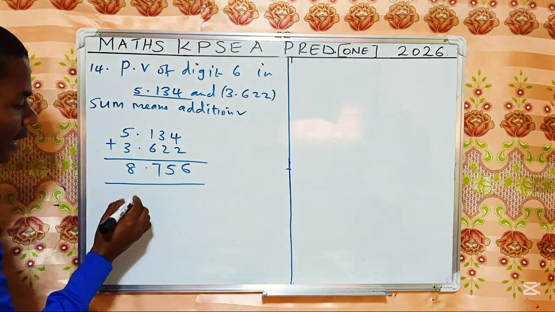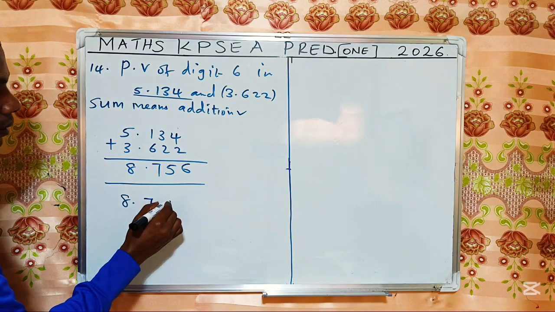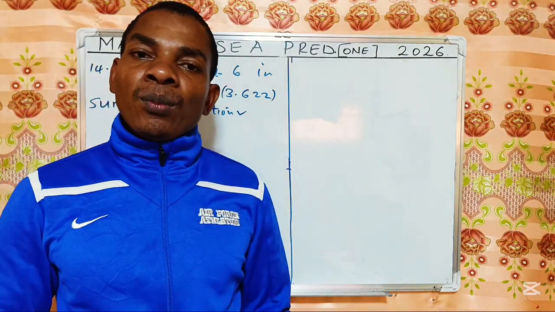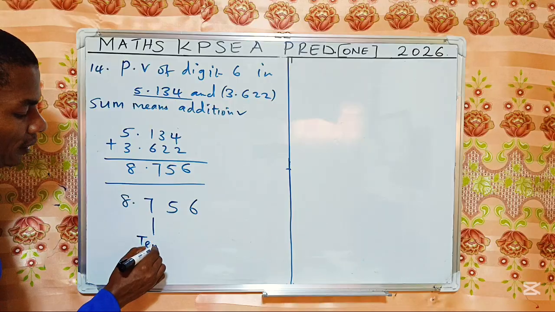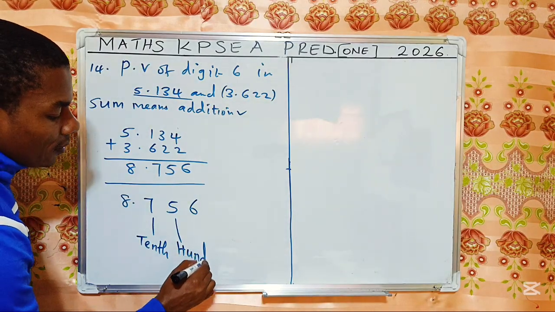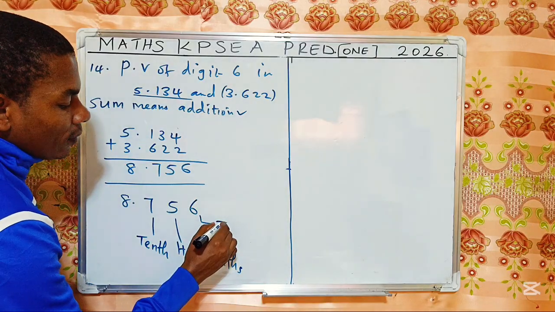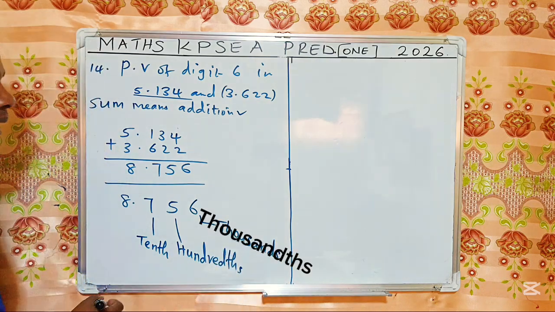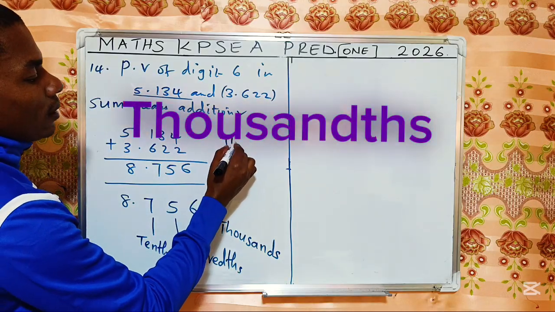Now we want to get the place value of digit 6. That is 8.756. After the decimal point, we start with tenths, then hundredths, then thousandths. So the place value of digit 6 is thousandths.